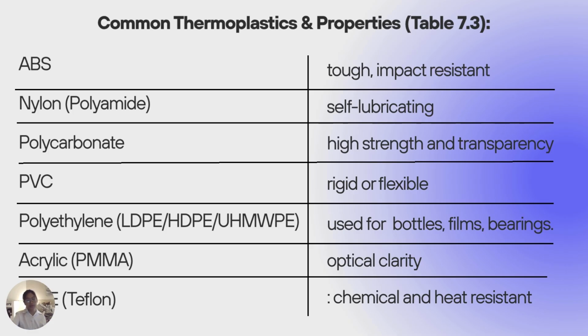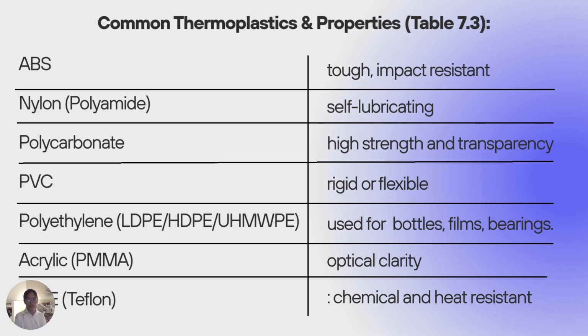Examples of common thermoplastics include ABS, which is tough and impact resistant, used for helmets and housings. Nylon, which is self-lubricating and strong, used in gears and bearings. Polycarbonate, which is transparent and high strength, used for safety lenses and shields. PVC, which can be rigid or flexible, used in pipes and electrical insulation.